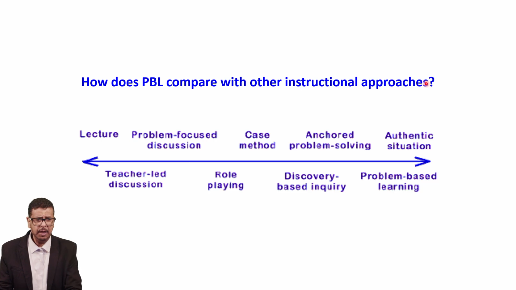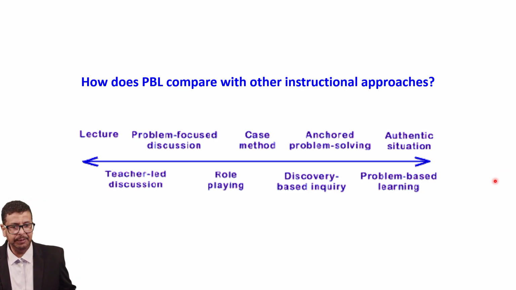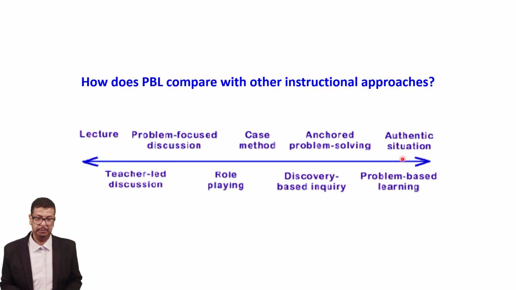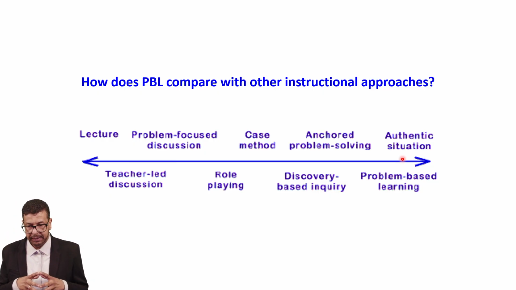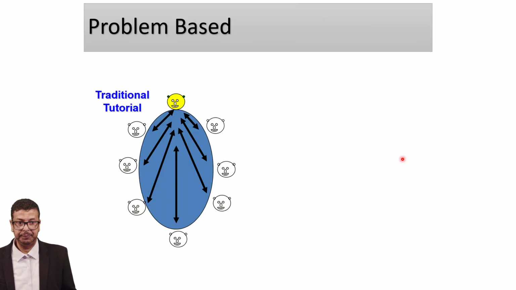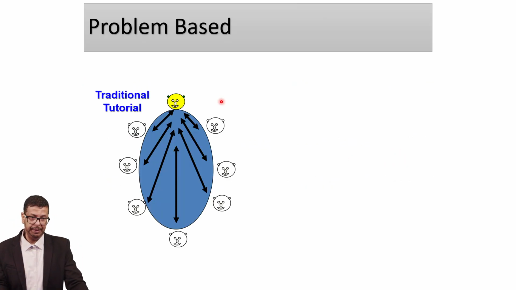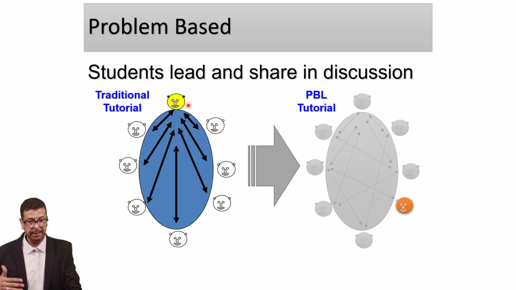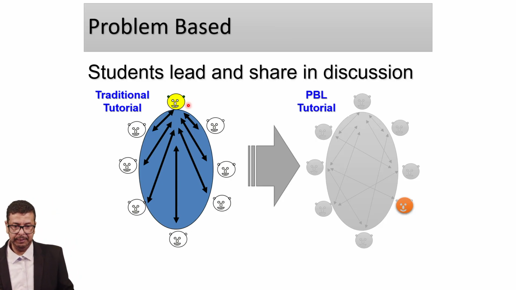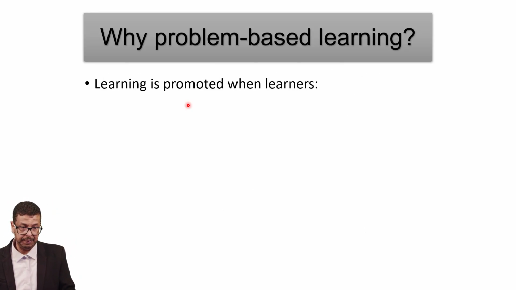Problem-based learning is an authentic learning approach, because it is very close to the reality in practice. This is the traditional small group learning: the tutor sits here, and the discussion is between the students and the tutor directly. While in problem-based learning, students lead the group, and the tutor or facilitator joins the group as a participant.